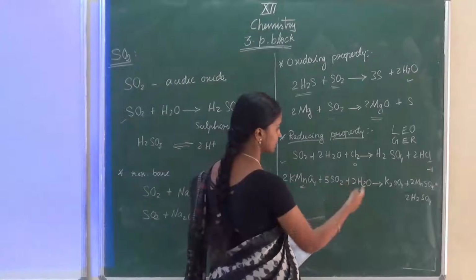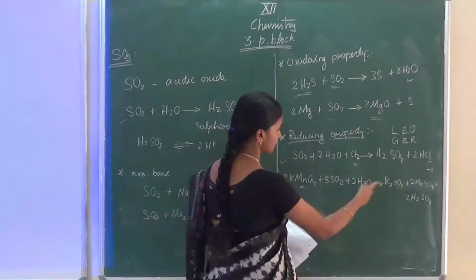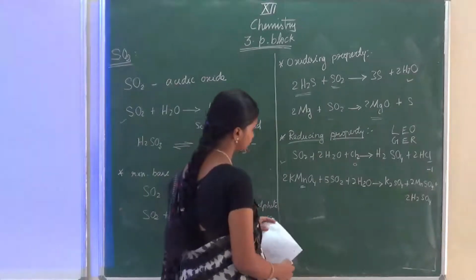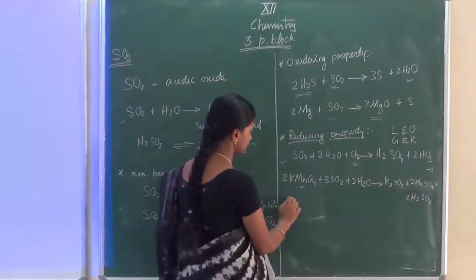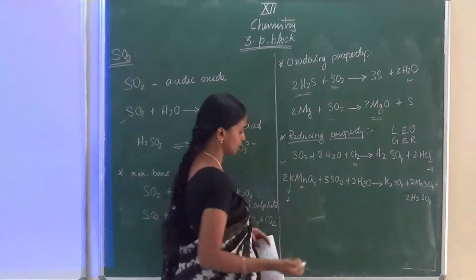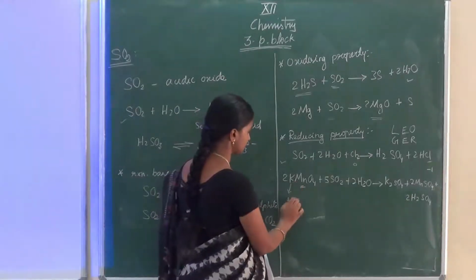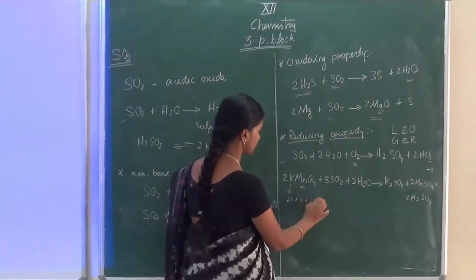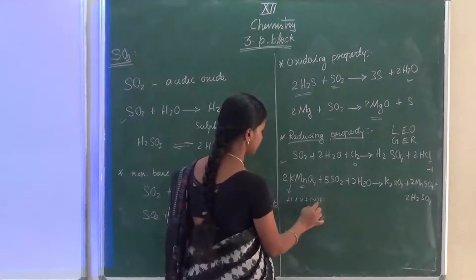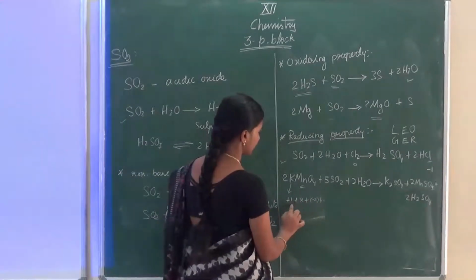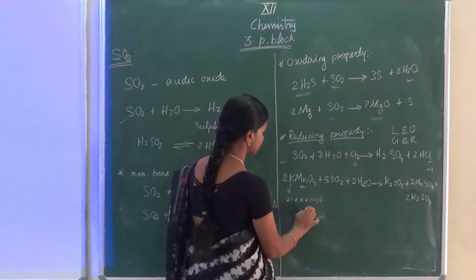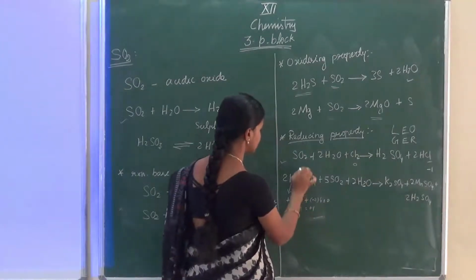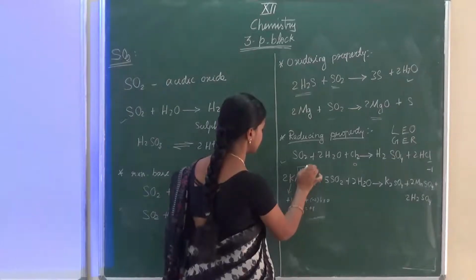It is a reduction reaction. If you forget, you can calculate: +1 plus x, oxygen is -2 into 4, that is -8, plus 1 equals 7, so x is equal to +7. It is in the +7 oxidation state.